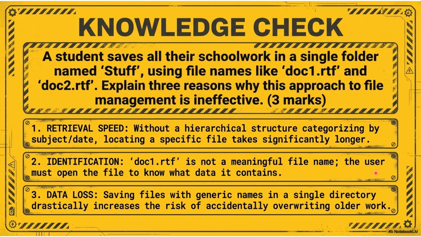The user must open the file to know what data it contains. Data loss. Saving files with generic names in a single directory like .rtf drastically increases the risk of accidentally overwriting older work.